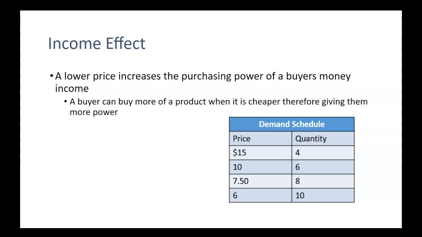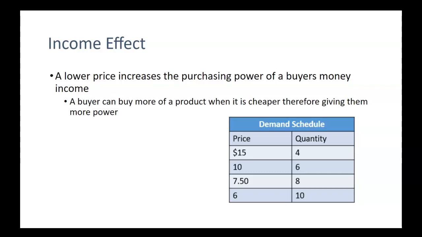With that said, the second one is the income effect. Here's how it goes. Your income is fixed. That's the idea. So if your income is fixed at, let's say, $60, well, if the price is $15, then you can mathematically buy 4 units.